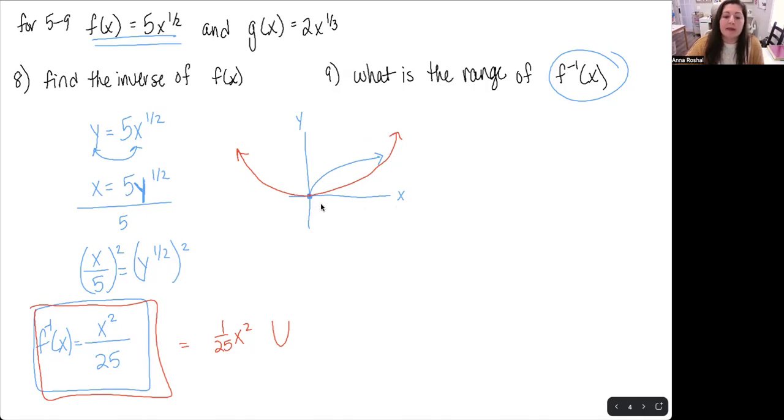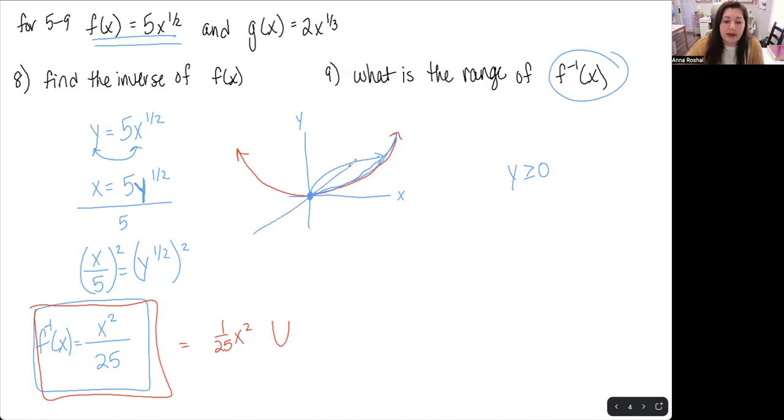In this particular case, I know that my domain was x is always greater than 0. So I know that the flip-flop version, which would be the range, would be y is always greater than or equal to 0. I also wanted you to see that it's just going to be this portion here.